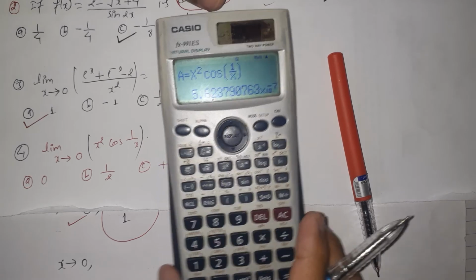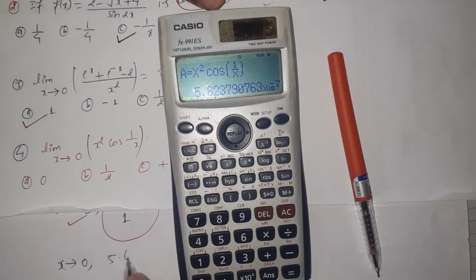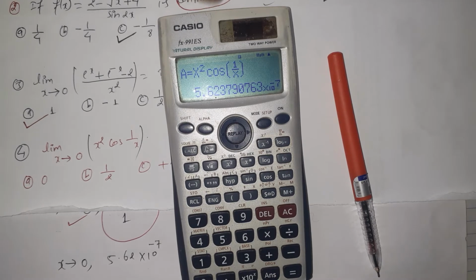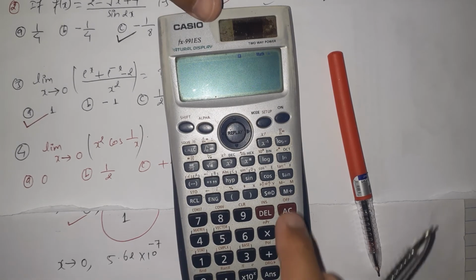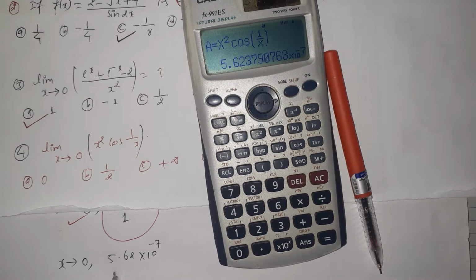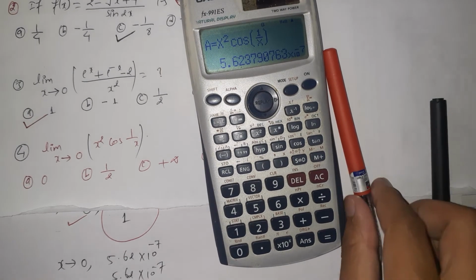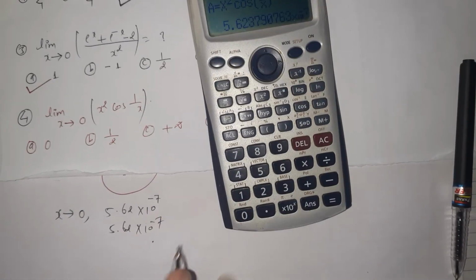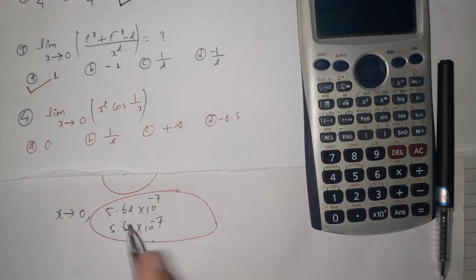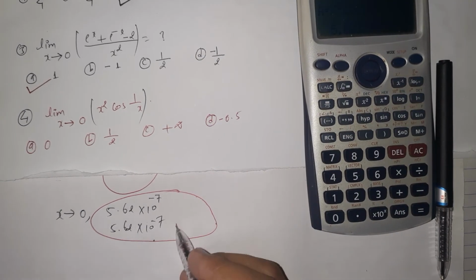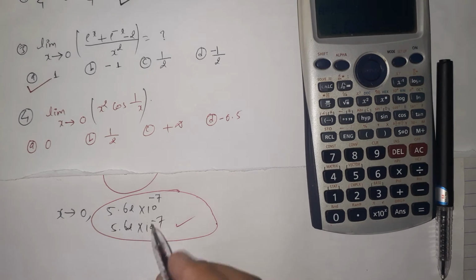In this situation, the function is 5.62 times 10 to the power negative 7. Let's approach 0 from the right hand side also, 0.001. There the output is the same, 5.6 times 10 raised to the power negative 7. The functional values are the same for both the left hand input and the right hand input, so there is existence of the limit.